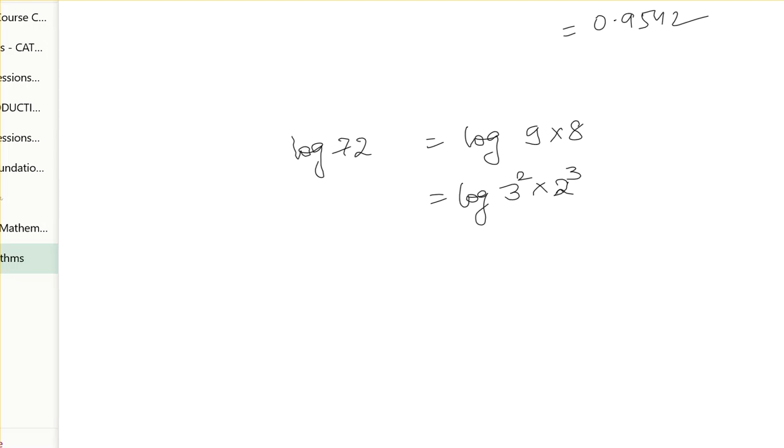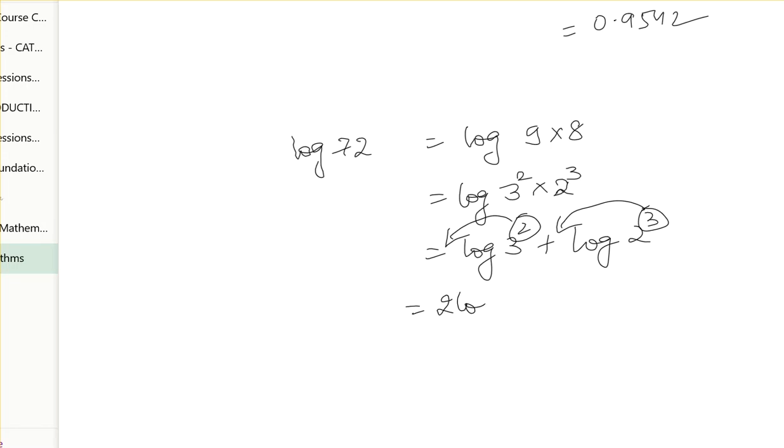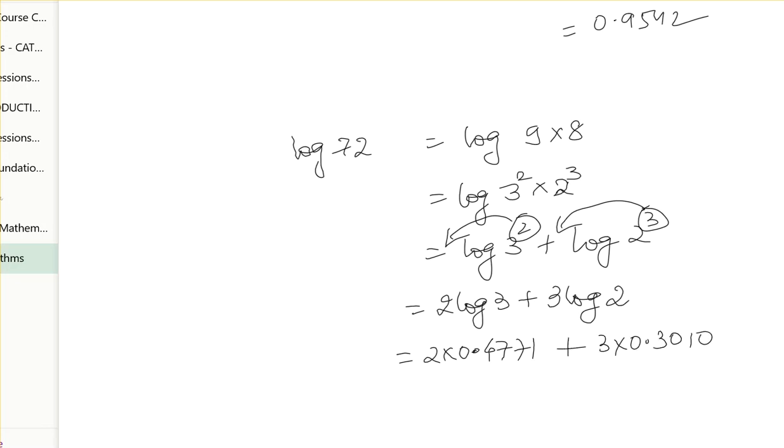It becomes log m plus log n. Now 2 comes here, 3 comes here. It is 2 log 3 plus 3 log 2, 2 into 0.4771 plus 3 into 0.3010, 0.9542 plus 0.9030, 1.8572. Okay, this is how it works.